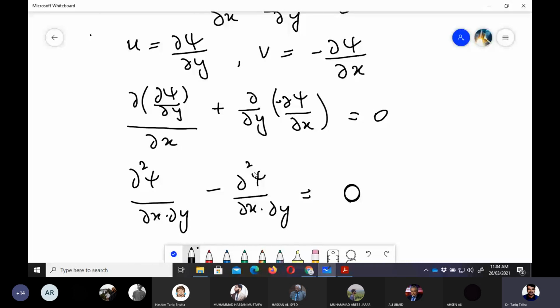Now we need to see why we call it the stream function. If you remember, for any flow, let me draw it and then we discuss why we call it stream function.